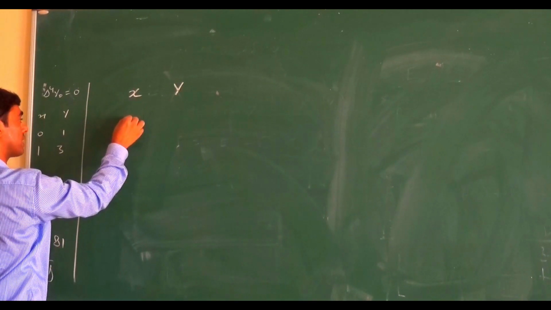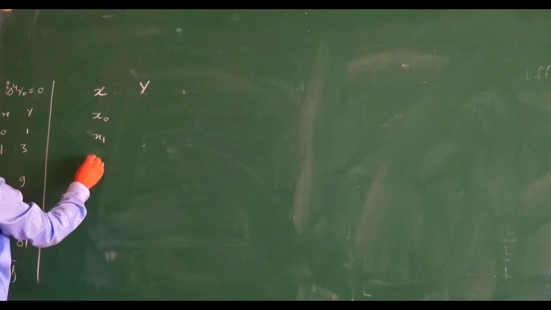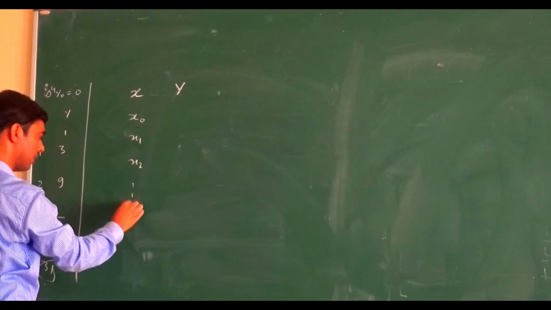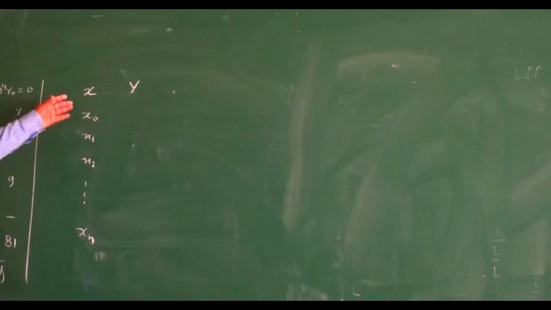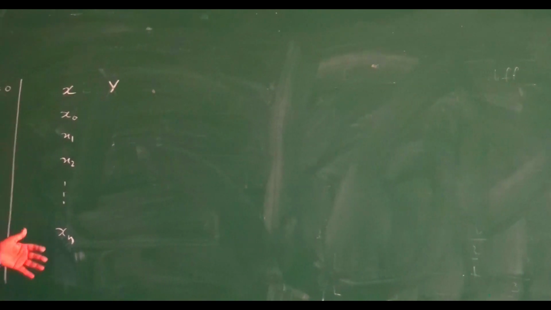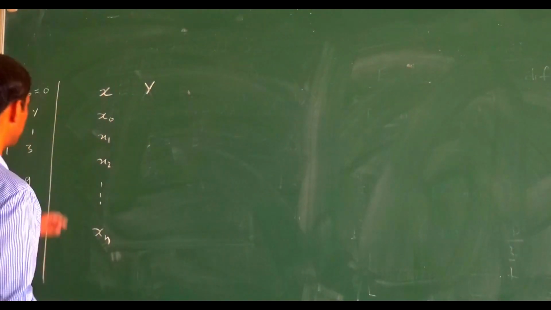What are the values of x? This one is x0, this one is x1, this one is x2, similarly this one is xn. How many ordinates are there? There are n plus 1 ordinates, because we started from 0: x0 to xn, there are n plus 1 values.